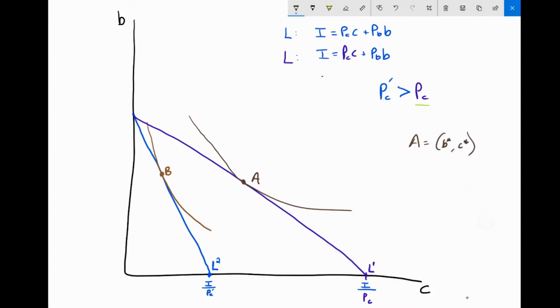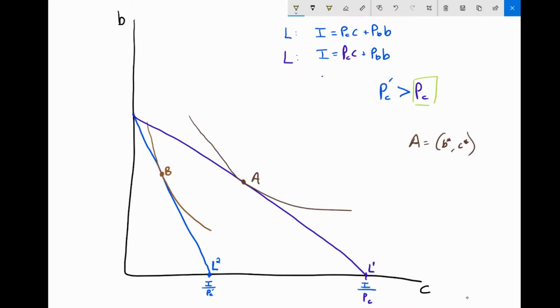That's what they're going to choose if they face budget line L1, the purple budget line, which is the budget line they face when they have a price of coffee PC.